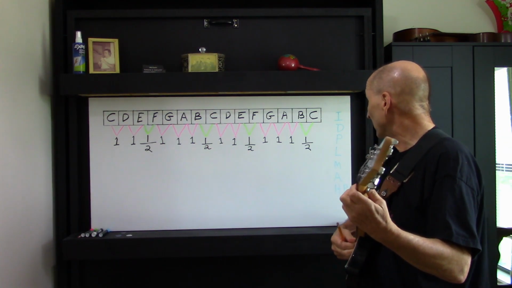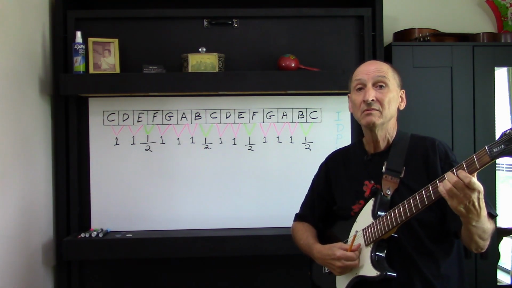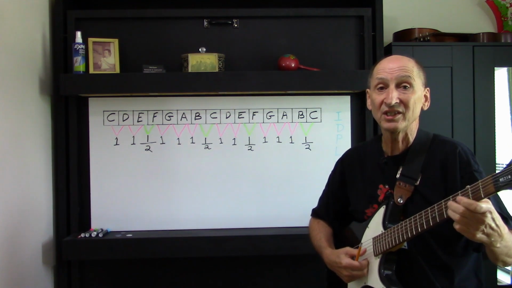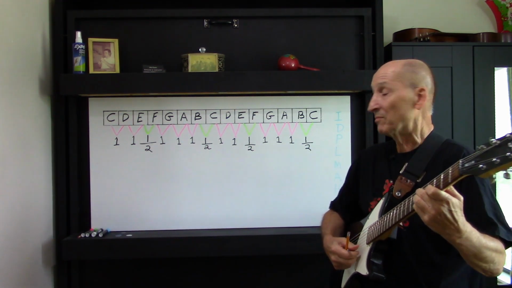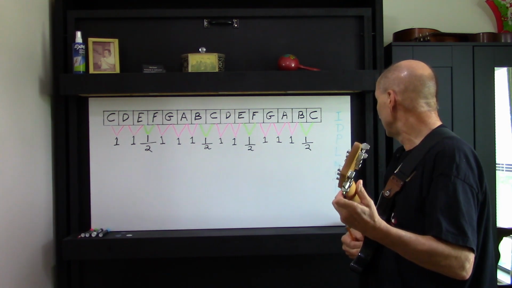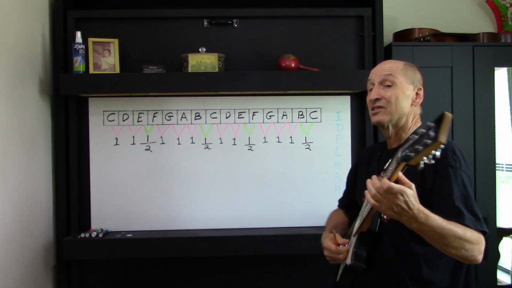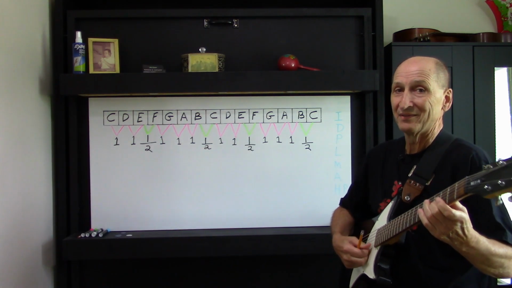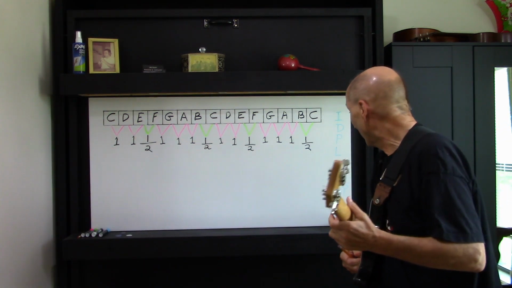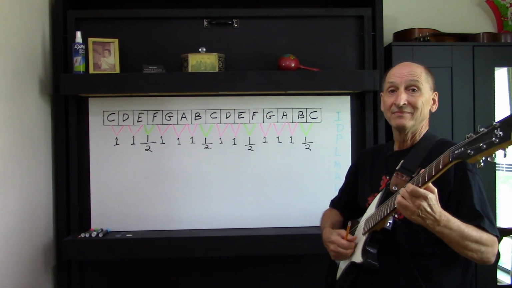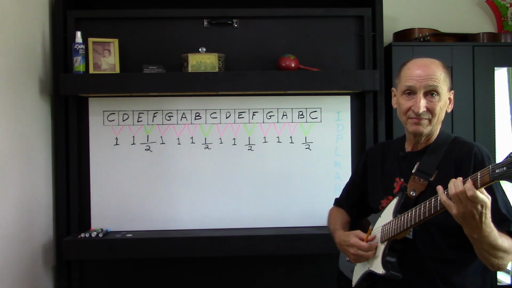That's the Dorian mode. That's the Phrygian mode. That's the Lydian mode. That's the Mixolydian mode. That's the Hypophrygian mode. And then we're back to C.